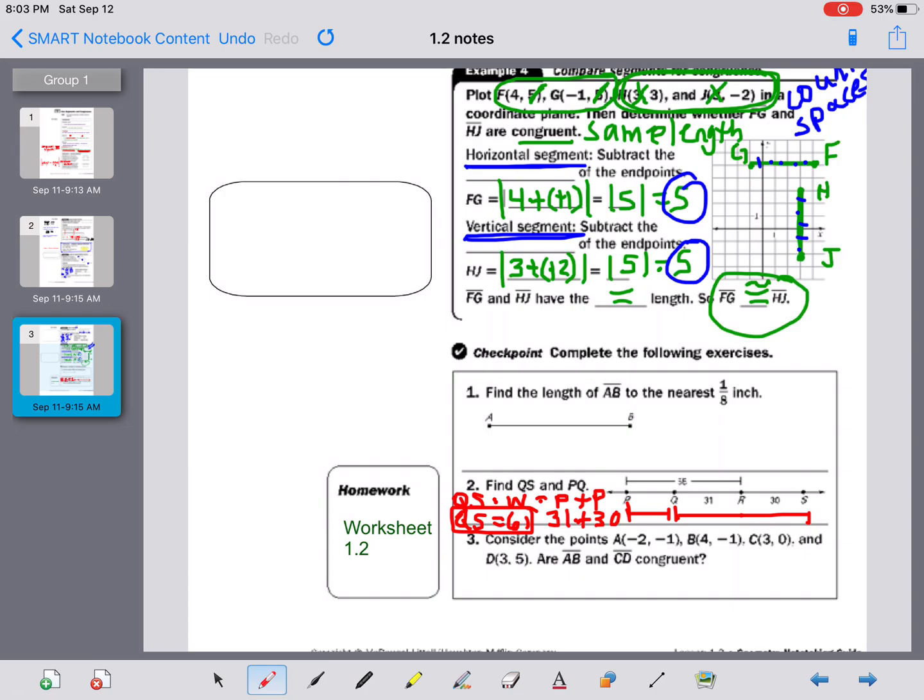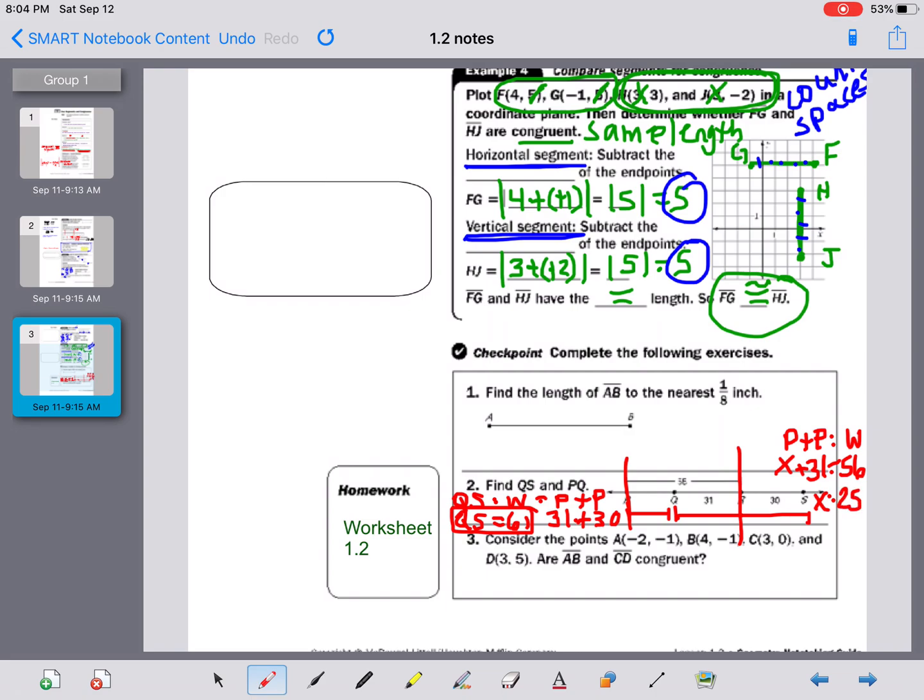All right, when I look at PQ over here, it looks like PQ is a part. So if I think part plus part equals whole, and PQ is one part that's missing, the other part looks like it's 31, and I'm looking between these two, and my whole is 56 there. It looks like I could subtract, and it looks like X is going to be about 25.